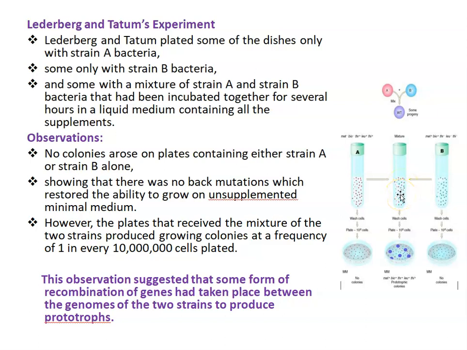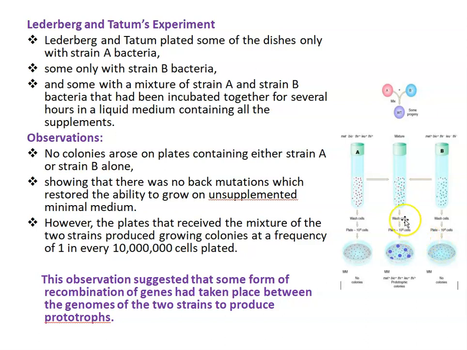What they observed: no colonies arose on plates containing either strain A or strain B alone, showing that there was no back mutation which restored the ability to grow on unsupplemented minimal medium, right?